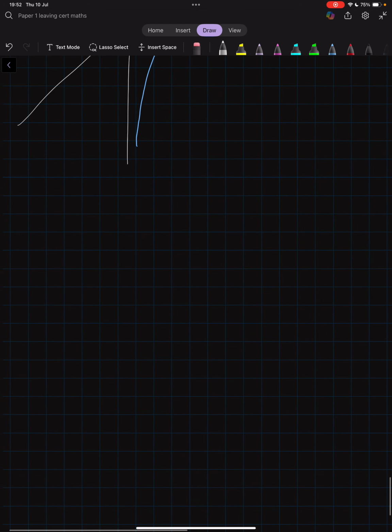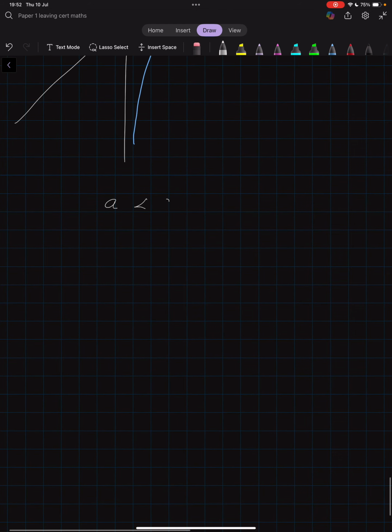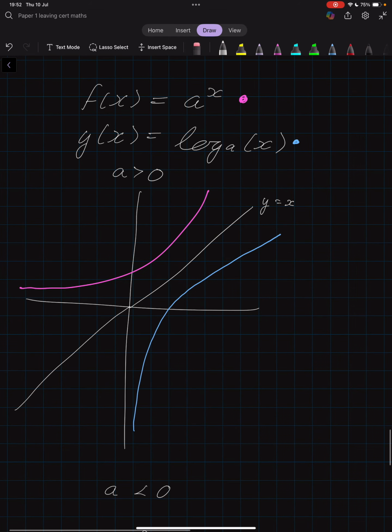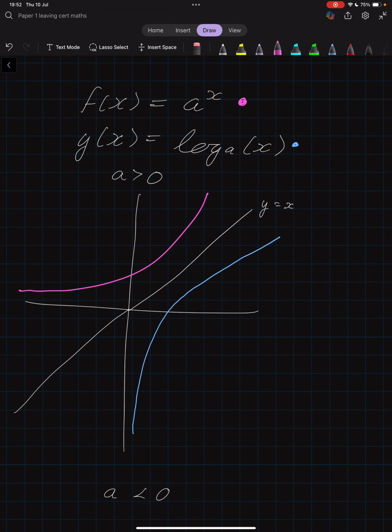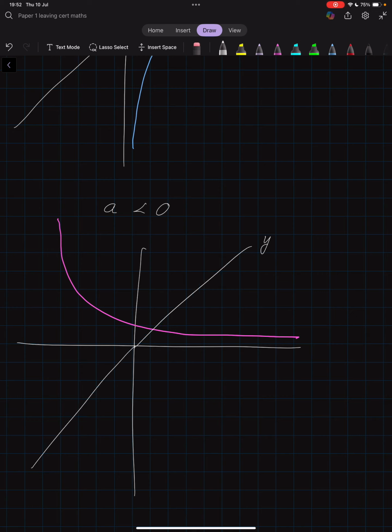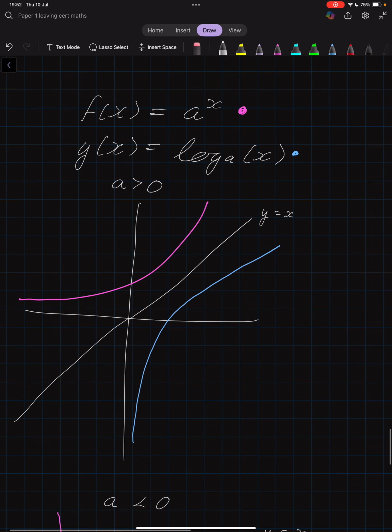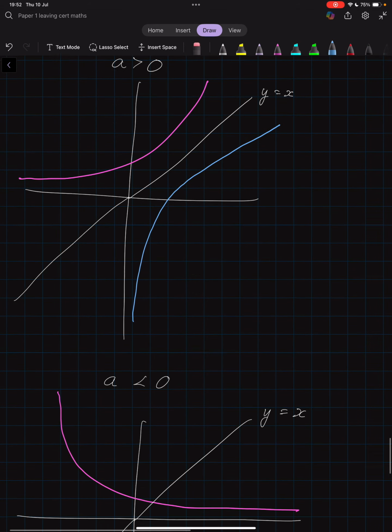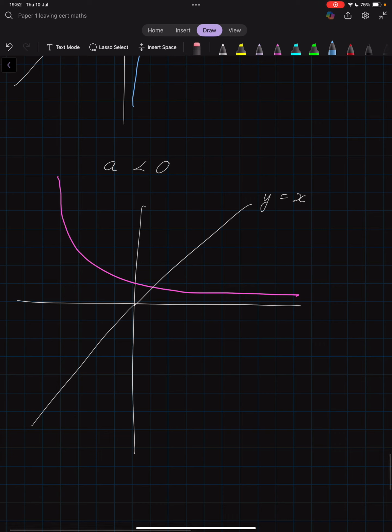And then if a is less than 0, then basically this purple or pink line will basically flip and it'll go to this. Okay? But again, you always draw your y equals x line. And then you just draw the mirror image of it.